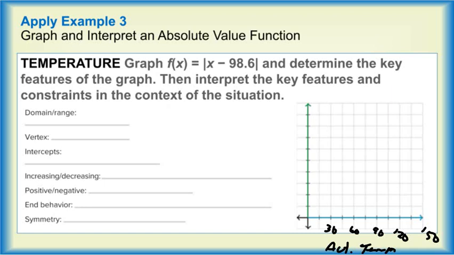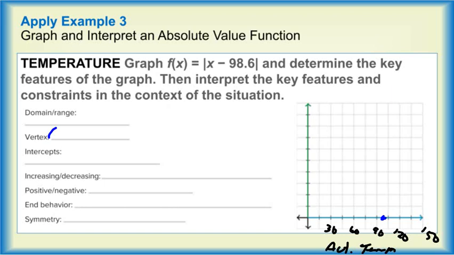So now, if it moved 98.6 degrees to the right, since this is between 90 and 105, halfway would be almost 98. We'll put a point roughly here. So that's our vertex.